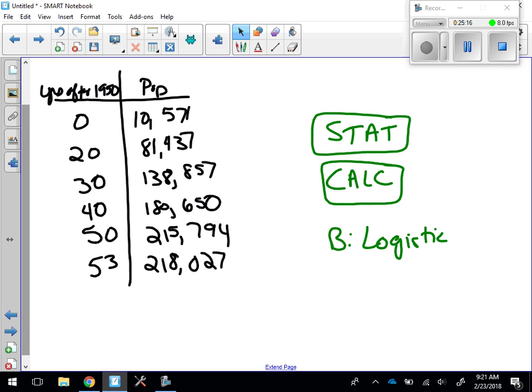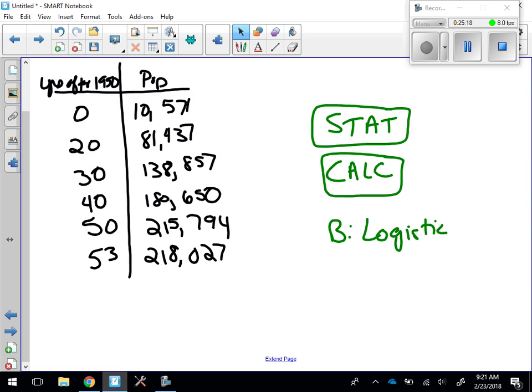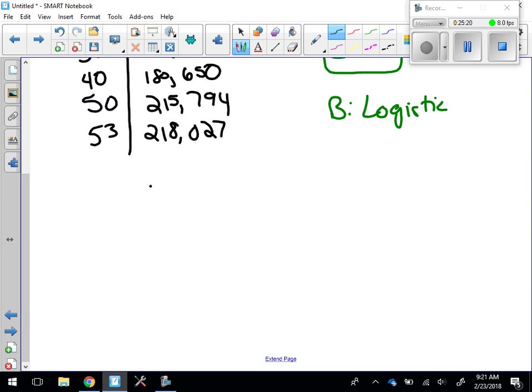Okay. And then your logistic equation is y is equal to c over 1 plus a e to the negative bx, which should look suspiciously like the solution to the logistic differential equation. Your carrying capacity is going to be this c.